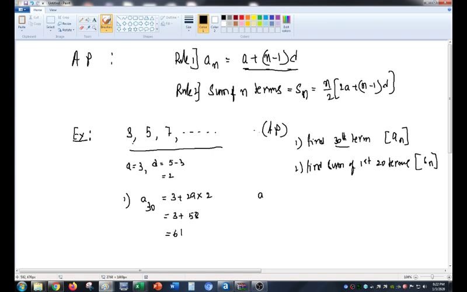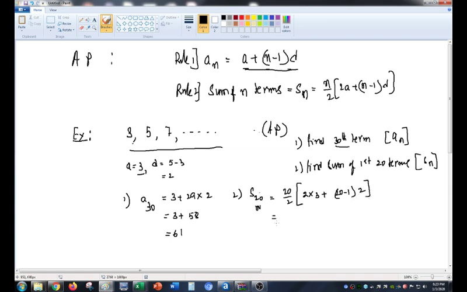Now how do you find the sum of 20 terms? The sum of 20 terms is S20. The formula I have written here: n by 2. n is 20. So n by 2 is 20 by 2, into 2a, 2 into a, which is 3, plus n minus 1, which means 20 minus 1, into d, which is 2.